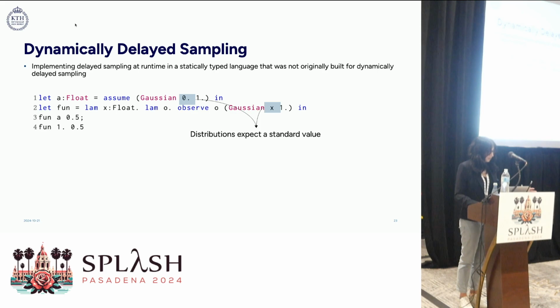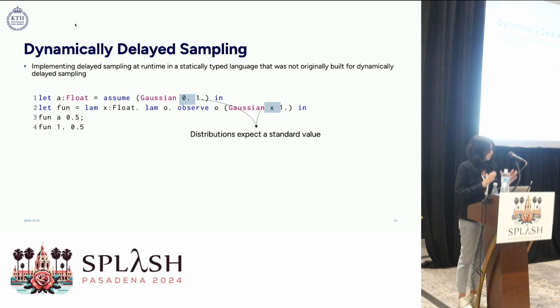Here the important thing is that normally distributions expect a value like a float or an integer in a normal PPL that's not designed for delayed sampling. Then we have a function application, where we give arguments A and an observation, and on line 4 we just give two float values.